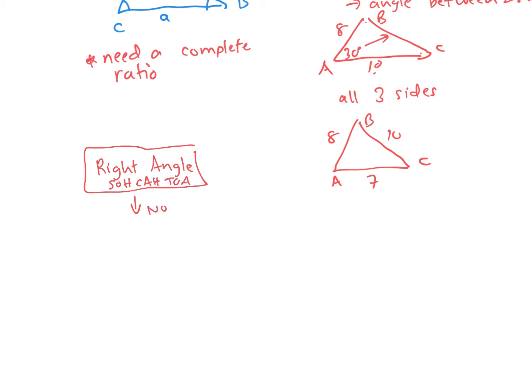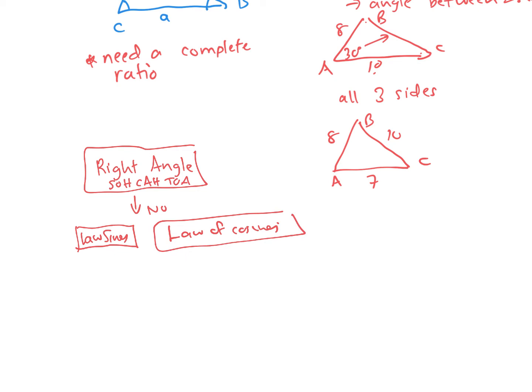If you don't, then you can use law of sines or law of cosines. So right angle is your first checkpoint. If I have a right angle, I use SOHCAHTOA. If I don't, I'm going to check for law of sines, law of cosines. If I want to use law of sines, I have to have a complete ratio.